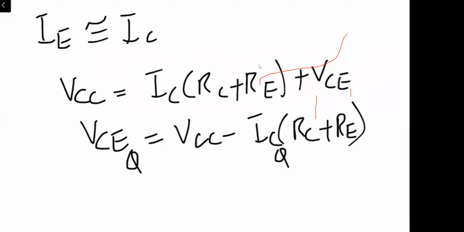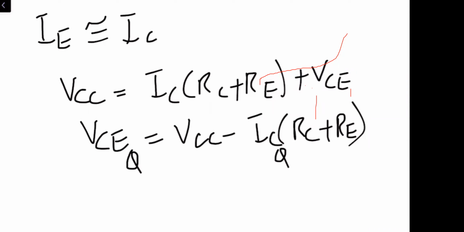And if you put the value of IC equal to 0, we get the value of VCE at the cutoff, right? Because when the current IC is 0, the value of VCE will be that at the cutoff, if you remember.